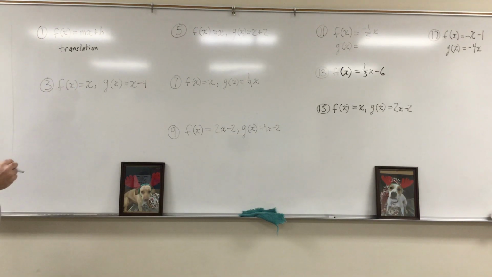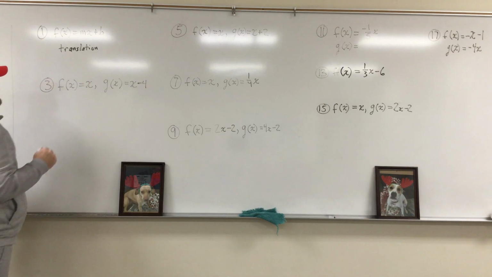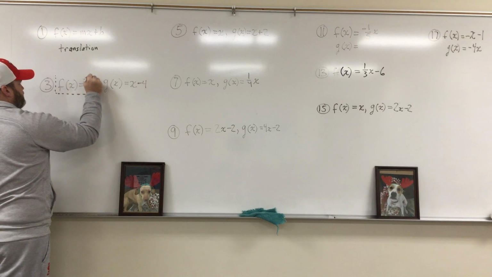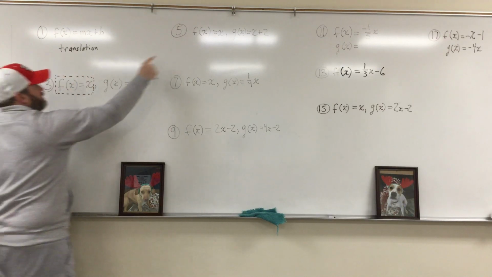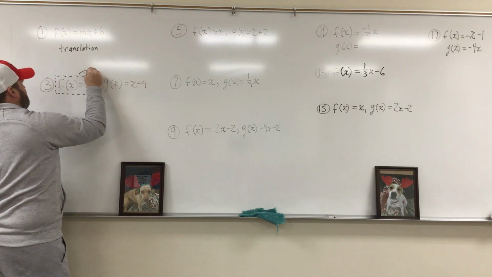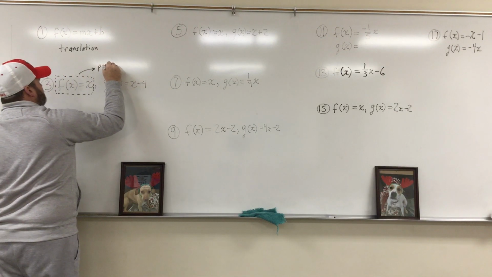I didn't mention this, and I probably should have yesterday. It's not the end of the world. But this function right here, f of x equals x, which occurs several times in the homework, has a special name. It's called the parent function.